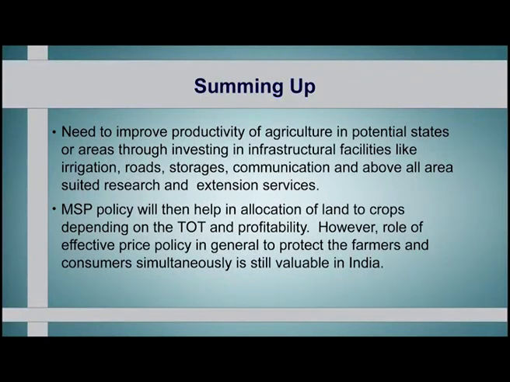Now, once the productivity is attained to some level which will give us maximum production, then we will be able to allocate the land available for cultivation for various agricultural commodities depending upon the price support which is given by the government.